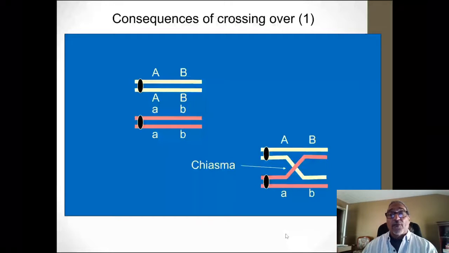If crossing over was to occur once between genes A and B, so here we see genes A and B, we have a single chiasma, then our expectation is that the 4 gametes produced by this crossing over event would be capital A capital B, capital A small b, small a capital B, small a small b. Again, 2 recombinants, 2 non-recombinants.